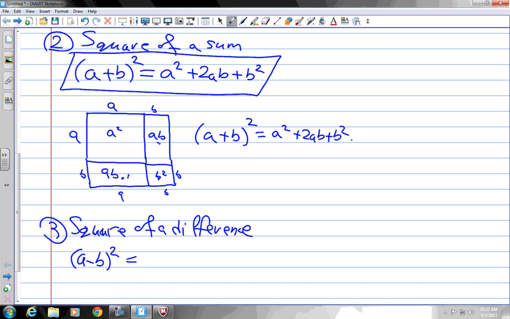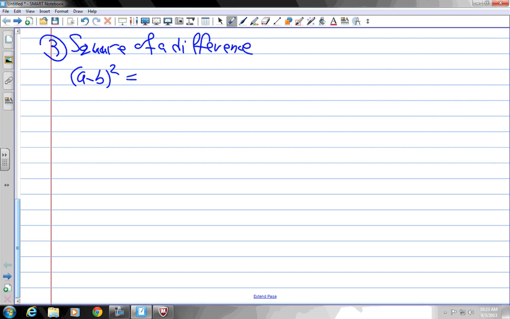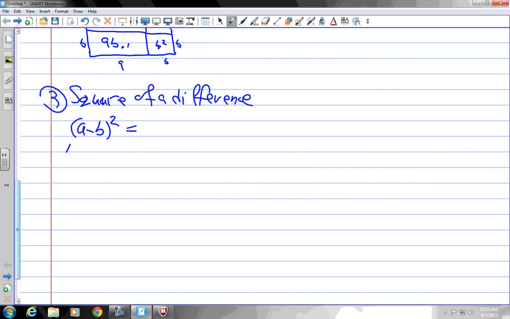I'll just write (a minus b) times (a minus b), and you'll see what will happen when I start FOILing. A times a is a squared. A times negative b is negative ab. Negative b times a is another negative ab. And negative b times negative b gives me what? It's a negative times a negative, so it's positive b squared.